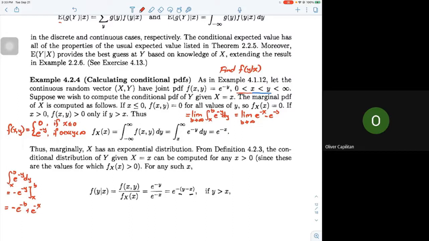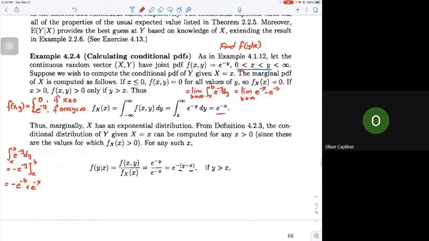Okay, e to the negative b is the same as 1 over e to the b, and if we apply the limit, 1 over e to the positive infinity would be equal to 0, so the answer would be e to the negative x. So that's our marginal PDF of x.